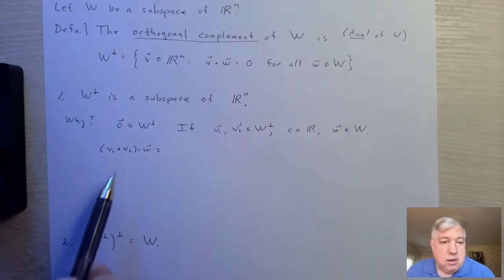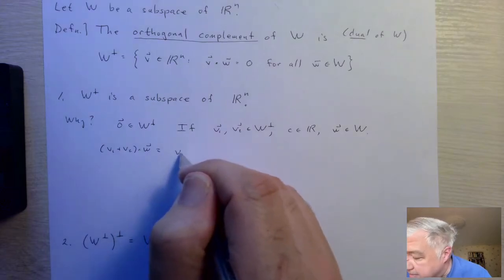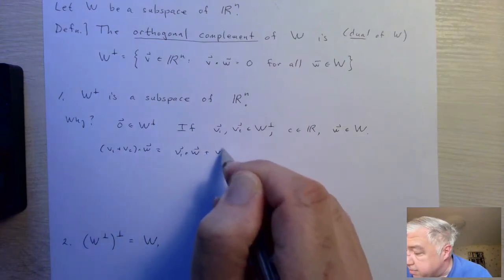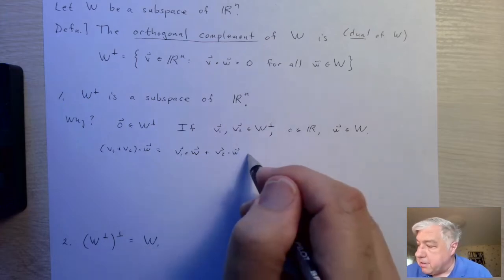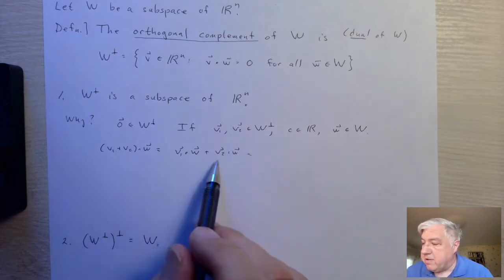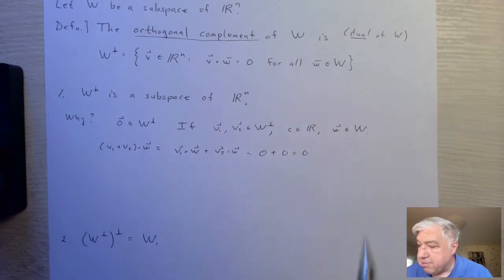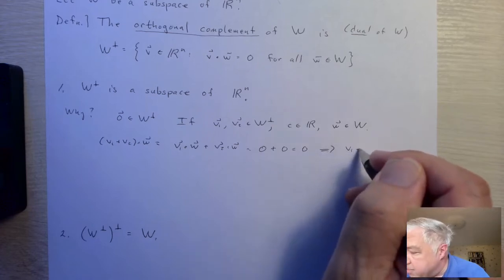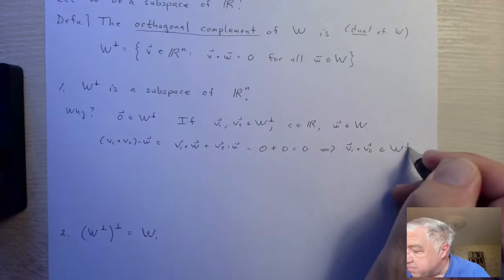We can just take the dot product and use the distributive property. Because v1 and v2 are orthogonal to w, this is 0, this is 0, and so the result is 0. So this means that v1 plus v2 is in W perp.